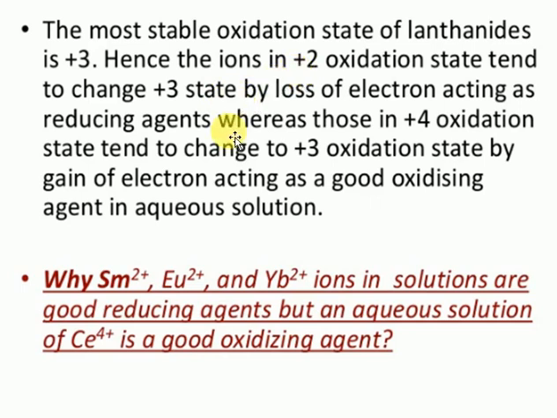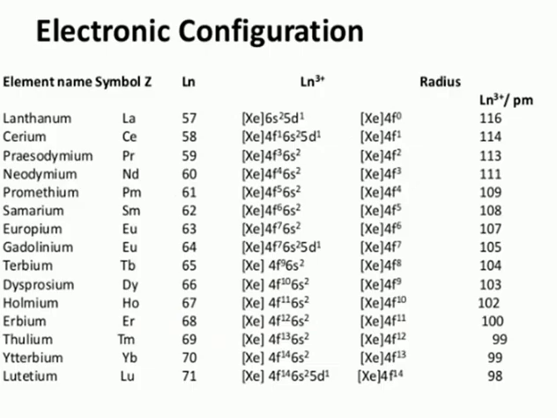Here is a question for you, students: why are samarium +2, europium +2, and ytterbium +2 ions in solution good reducing agents, but in aqueous solution cerium +4 is a good oxidizing agent?